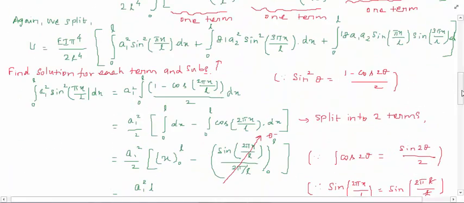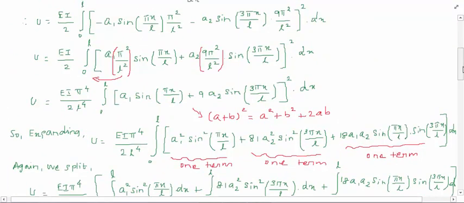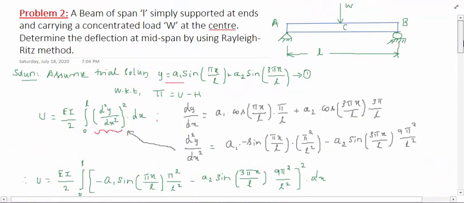To make it clearly understood, let me go to the diagram of the problem. So this is your simply supported beam. The total length of the beam is L. After applying the load, the beam is going to bend like this, right?